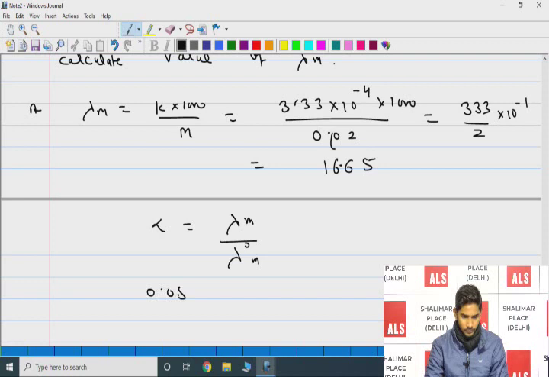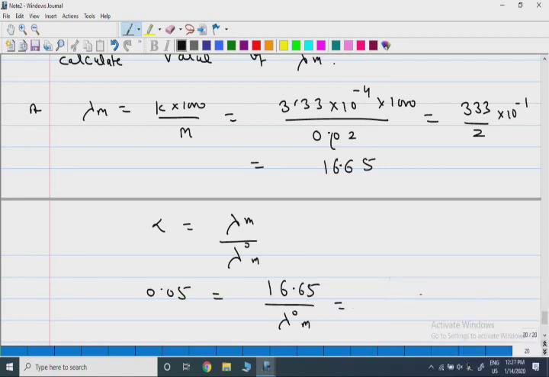Alpha is 0.05 and this is 16.65 upon lambda naught m. So this is nothing but triple three. Very good. How many of you have got the correct answer? Raise your hand, those who have got the same answer. Okay, very good.